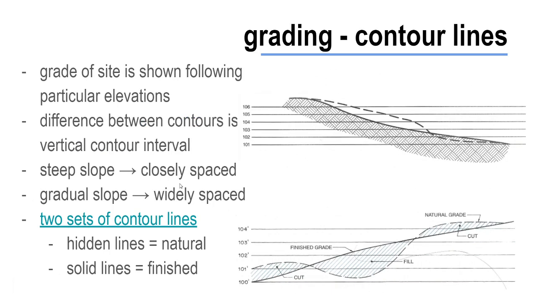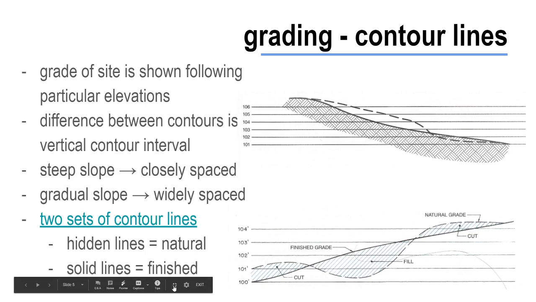So the grade of the site is shown as topographic contour lines like we just saw in that previous example. These lines are shown following a particular elevation point, and the vertical difference between the contour lines is known as the vertical contour interval. For plot plans and site plans, it's usually about 1 or 2 feet.